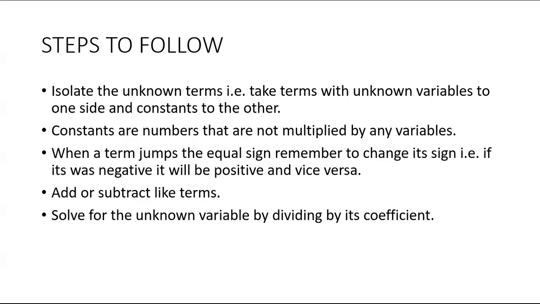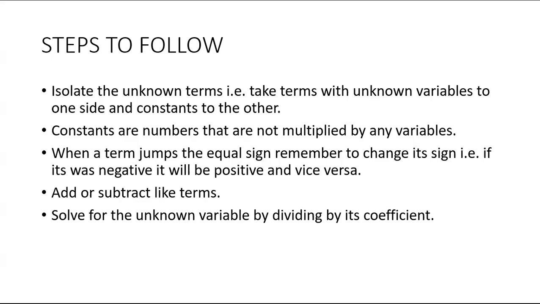And obviously with constants, it's pretty much straightforward. 6 plus 4 is 10. But when you have variables, remember you keep the variable and its exponents the same. You just add their coefficients. And then at the end, you should be left with a variable and its coefficient. And to solve for that variable, you just divide by the coefficient.